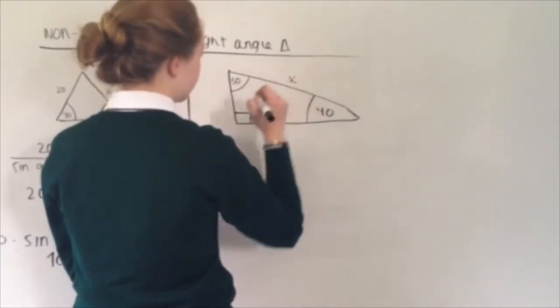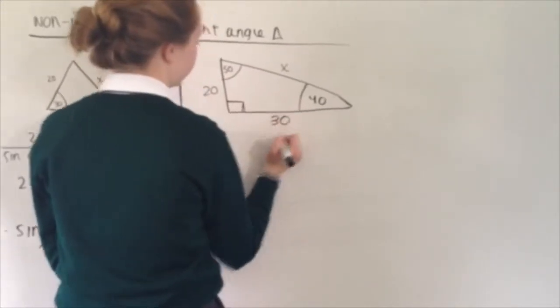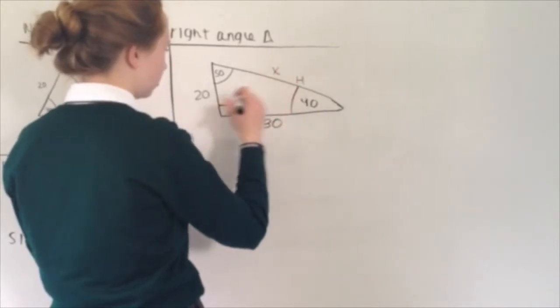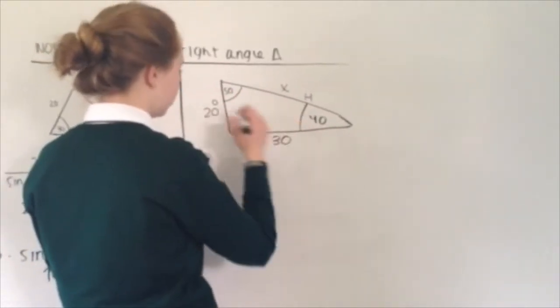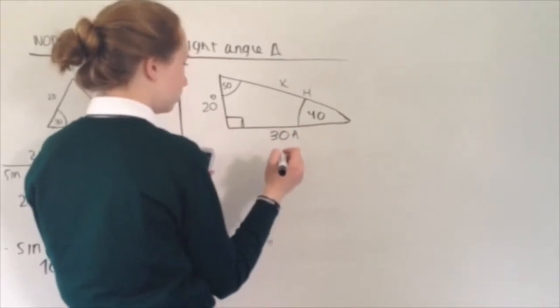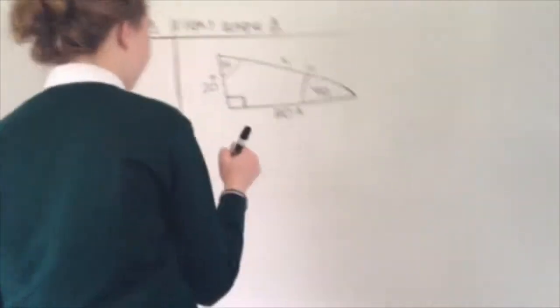So let's say you're going to find out x. First, you need to identify each side. X in this case would be hypotenuse. We have also the opposite and adjacent. So what you have to do is find out hypotenuse.